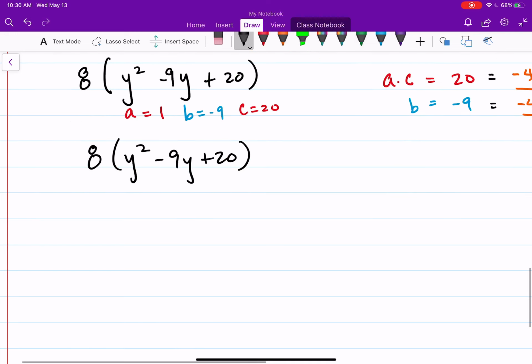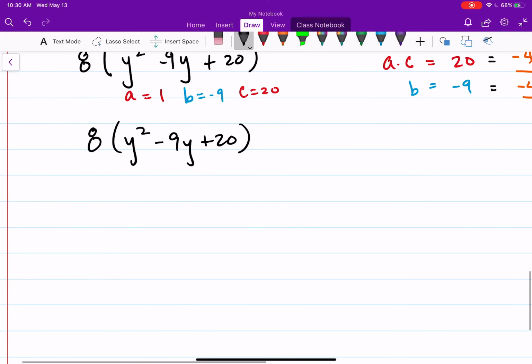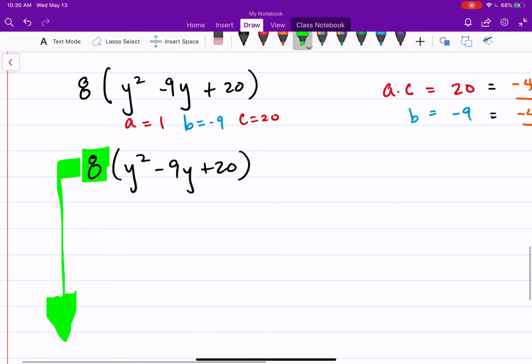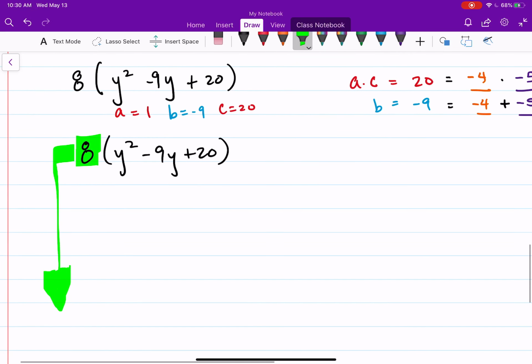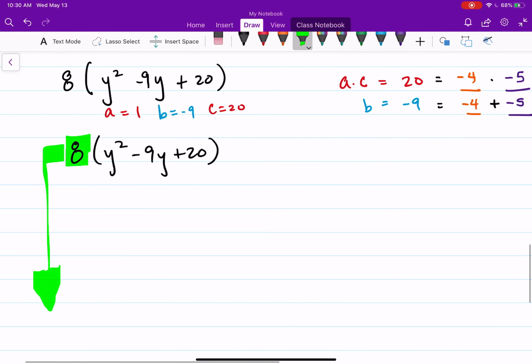So now what I want to look at is the 8 right here, guys, can just stand alone and wait until the very end. That has to be part of my answer, but we don't have to keep carrying it down. So when I split the middle term, I'm just splitting the middle term in terms of what's left.